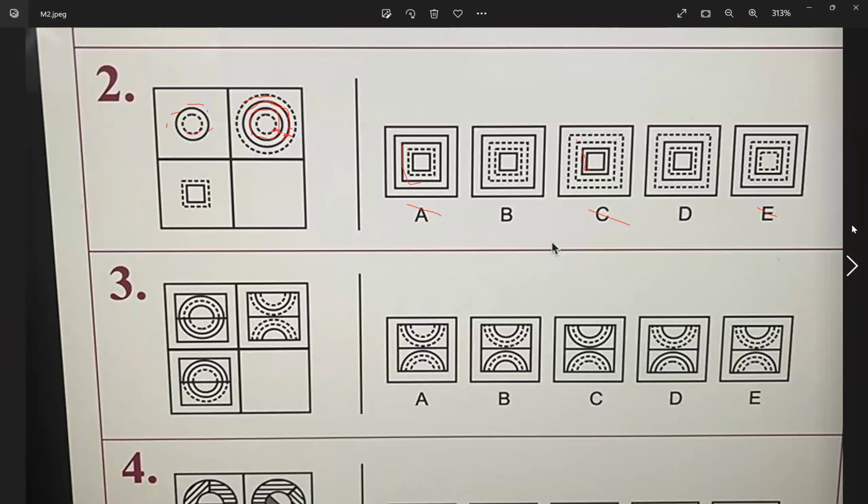You could also just say a sequence: dashed, then a solid, a dash. So one thing and then two of the same things and then another thing. So here it's a solid line. So I don't think it's D. I think maybe it's B. Exactly, it's B.